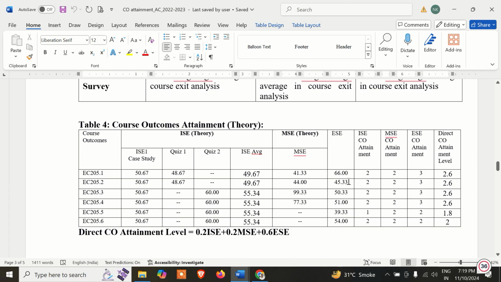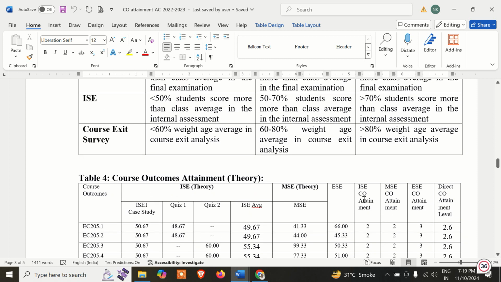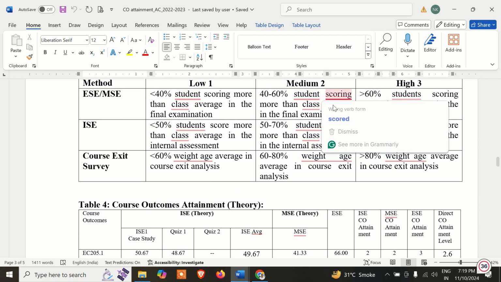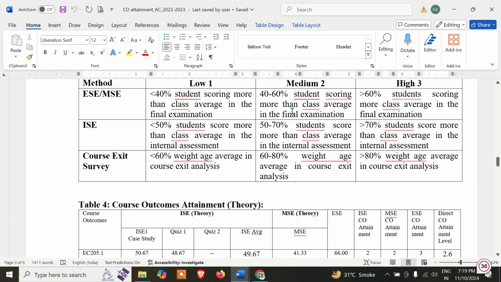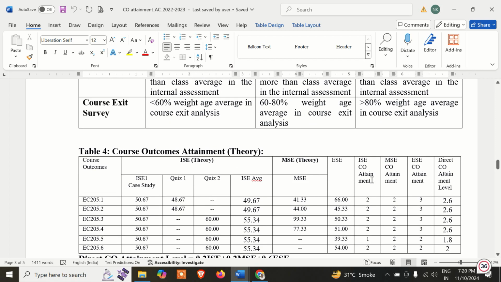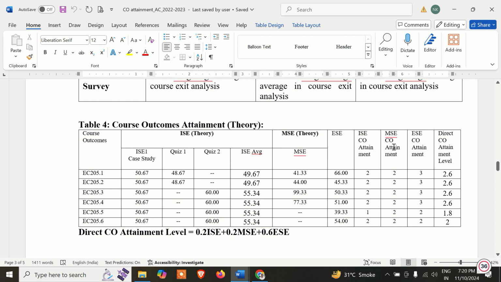Once you do that assessment, you find the percentage of students who scored above average. Once you enter all these rows and columns, you compare: if it is an ESC or MSC component, what is the percentage? For example, anywhere between 40 to 60 is medium, 2. If it is an ISC, then 50 to 70 is considered medium, 2, and so on.